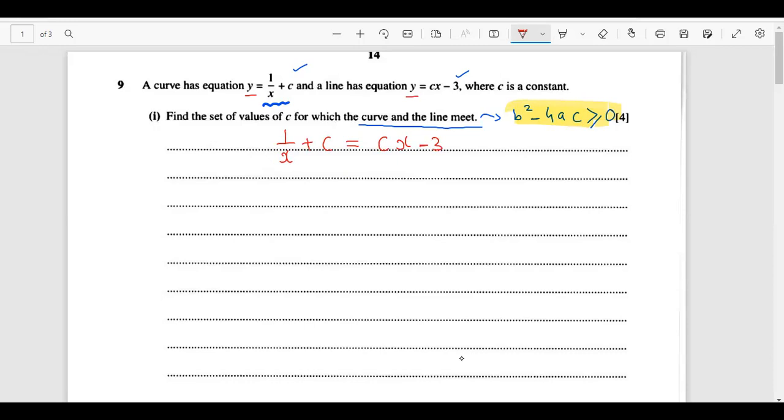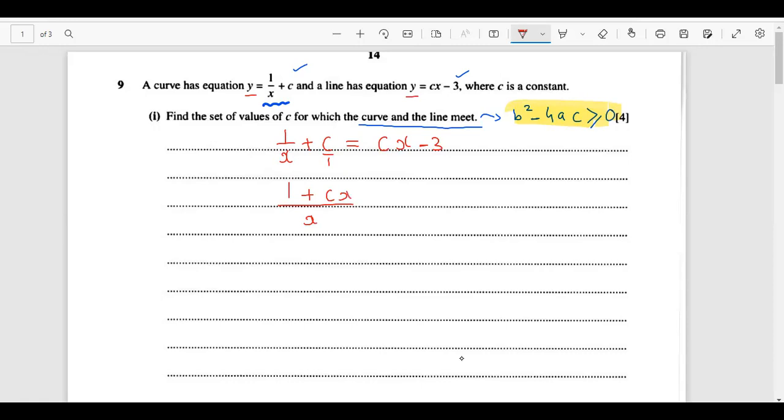So I can directly just equate them. Now I need to simplify it in order to get my quadratic equation. So for that, I can take LCM on the left side. The LCM is going to be x. So it would give me 1 plus cx.